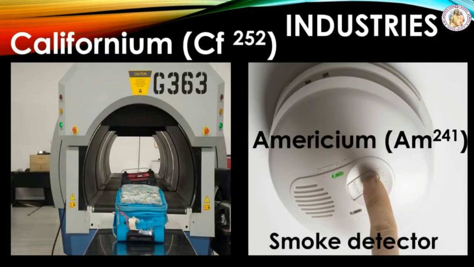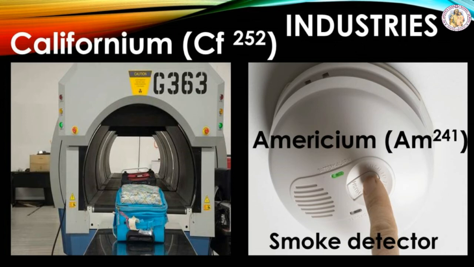In industries, radioactive isotopes are used as tracers to detect any manufacturing defects such as cracks and leaks. Packing faults can also be identified through radioactivity.